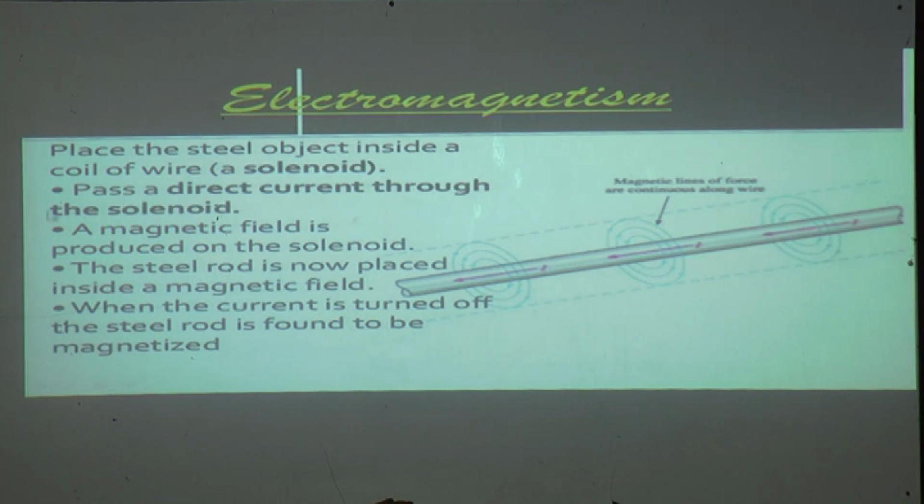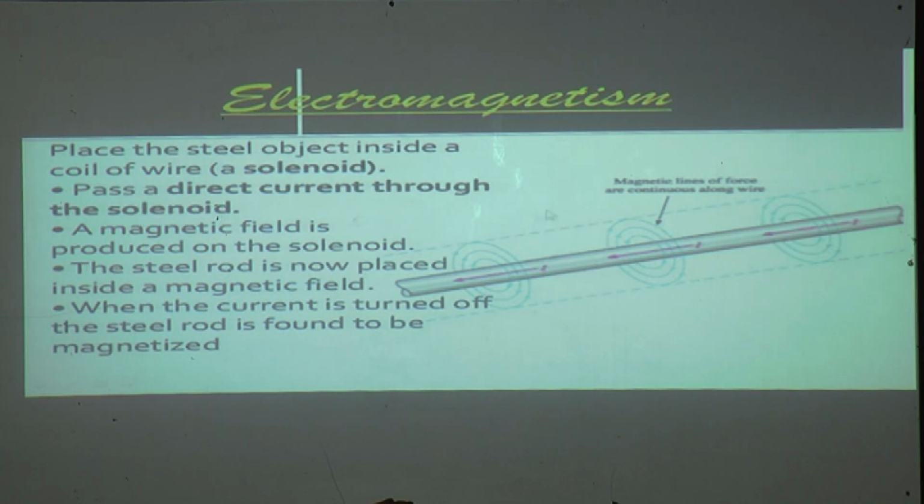Now electromagnetism. Place the steel object inside a coil of wire, which is called a solenoid. Then pass a direct current through the solenoid. So here, we have to take a coil of wire, and inside that we keep a steel object, and then pass a direct current through the solenoid. So we pass current directly, and what we will see is a magnetic field produced on the solenoid.